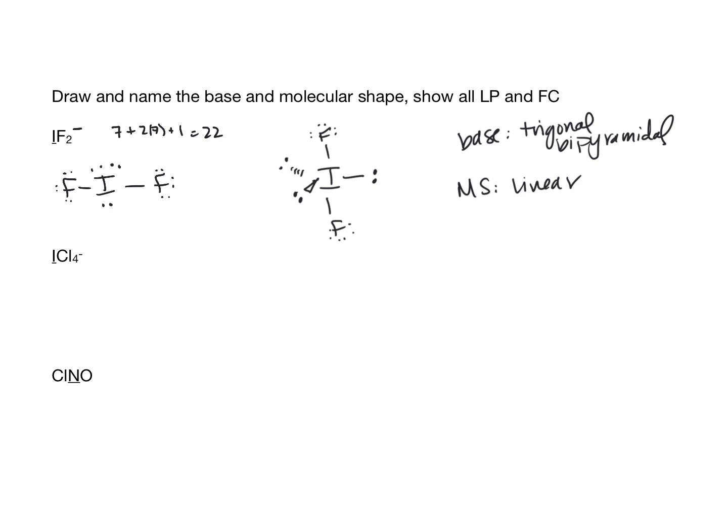So in this case, for iodine, it is 7 minus half of 4 minus 6, and that gives you -1. For fluorine, it's 7 minus half of 2 minus 6, and that's 0. So in both structures, you should add a negative charge on the iodine. You should try the ICl4 minus on your own.